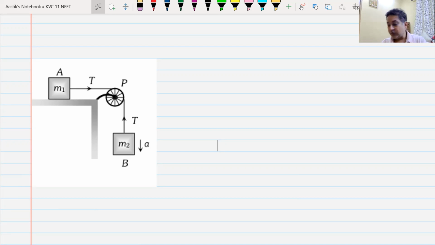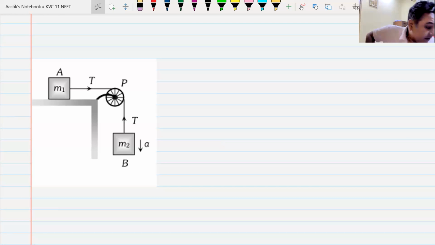Which direction is it going to move? Tell me.